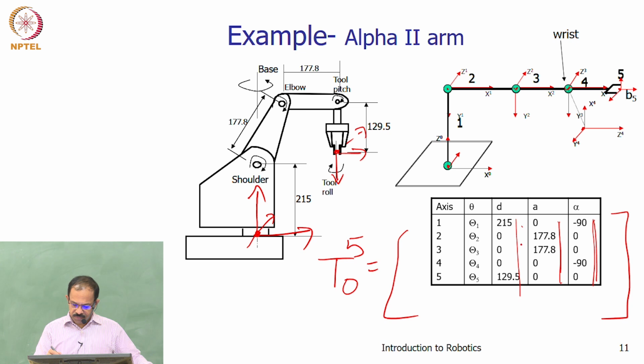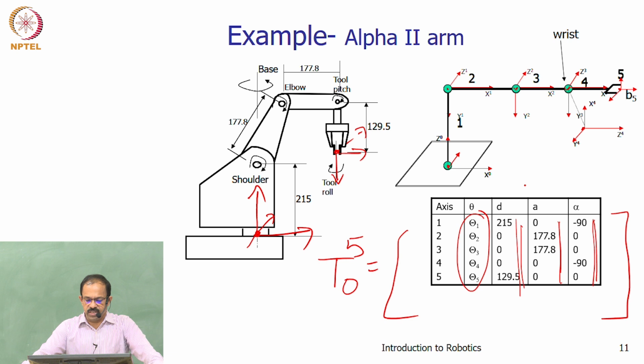This is the table of DH parameters that we have. Since all are rotary joints, theta is the joint variable, and we write the relationship T50 as a function of theta. Since the others are constants, we put all of this into the direct relationship.